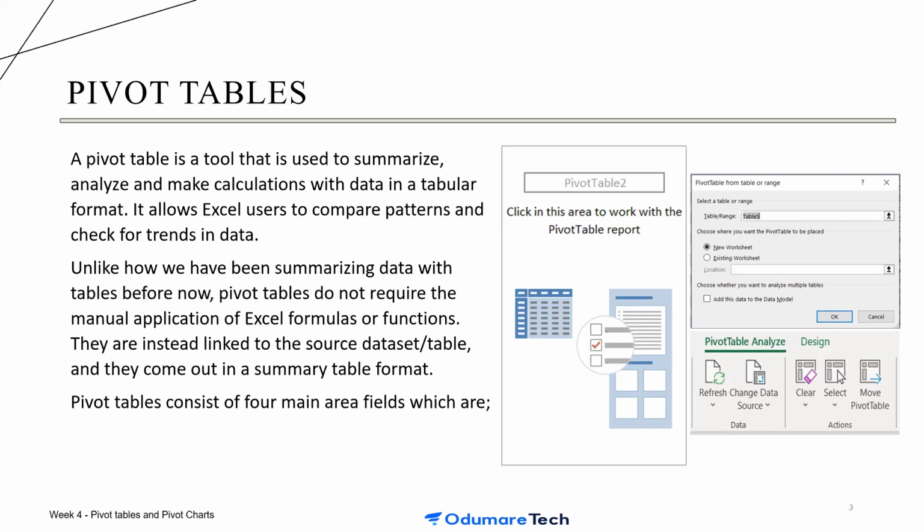Not at all. You don't even have to understand or know any Excel formula or functions when it comes to pivot table. And it's so easy to help you investigate your data very quickly, whatever it is you want to get out of your data. And we are going to look at it as we go on. Pivot table consists of four main areas, basically.